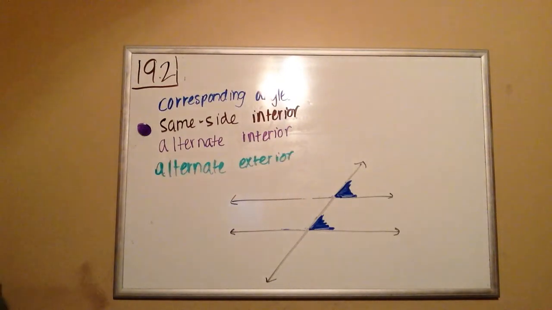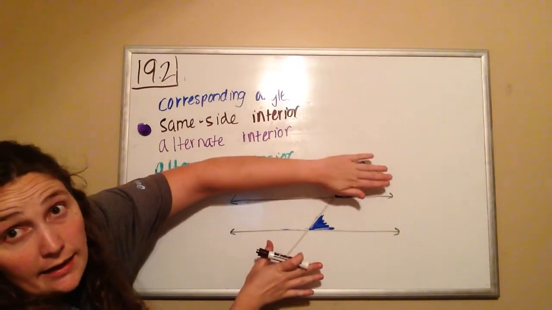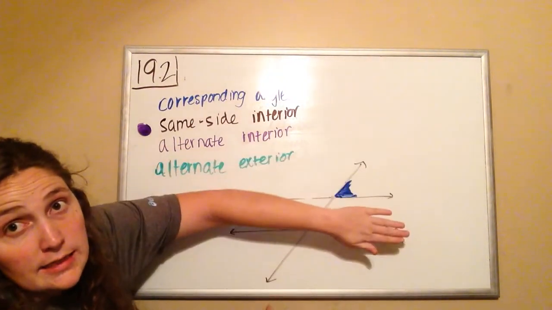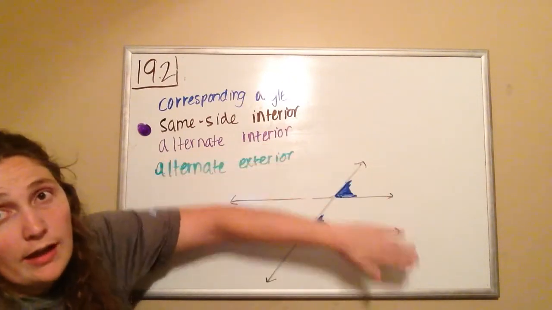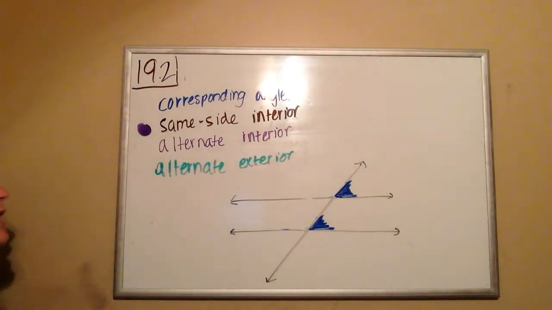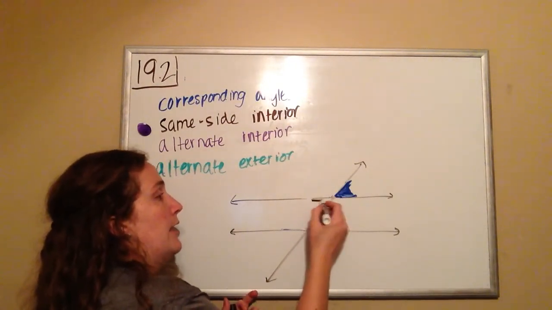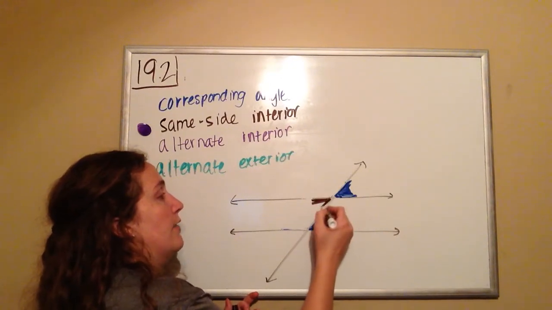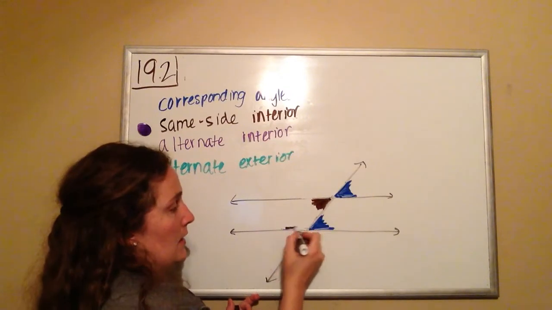Alright, so same side interior angles. Interior means inside of the parallel lines, exterior means outside. So same side interior would mean that we need to be inside of the parallel lines and on the same side of the transversal. So here and here.